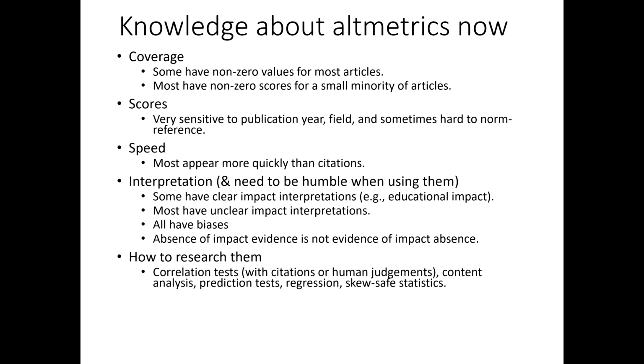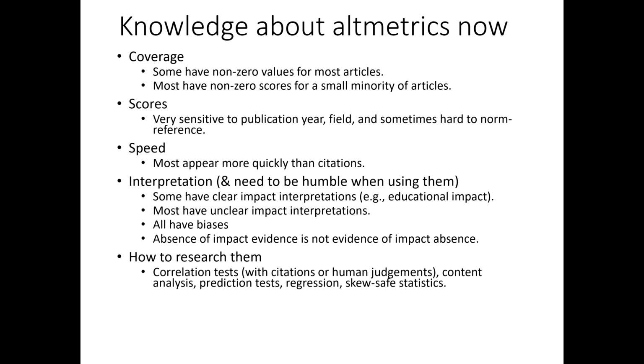And how to research Altmetrics. We have a standard set of techniques for researching Altmetrics in order to assess their value. Correlation tests are the most common, usually with citations, sometimes with human judgments. Content analysis of the context of the Altmetrics. Predicting citations with Altmetrics is done a little bit as well.